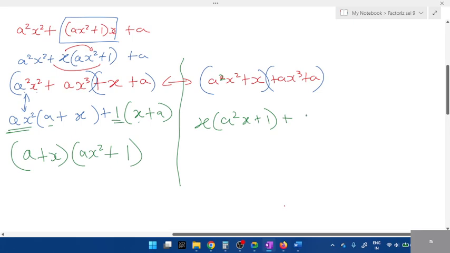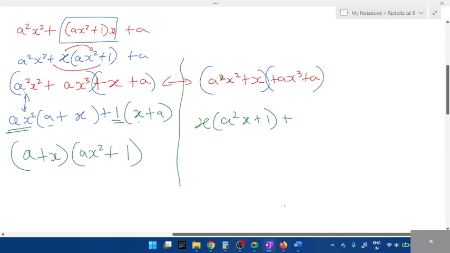Where did we go wrong? Just a minute. Ax. If I take x value, ax square. No, yes, you can do it that way. But which one did I copy? A square x square plus ax cube plus a.